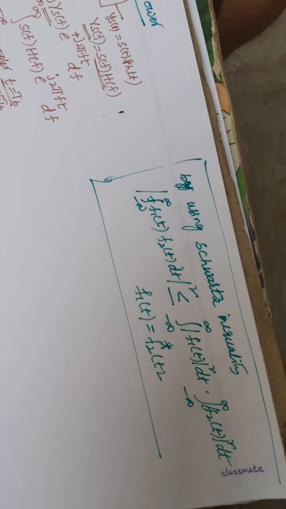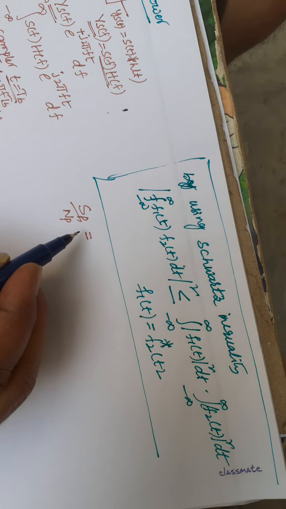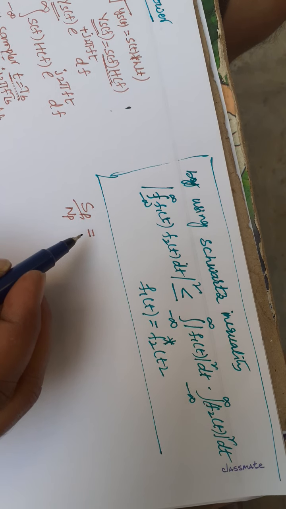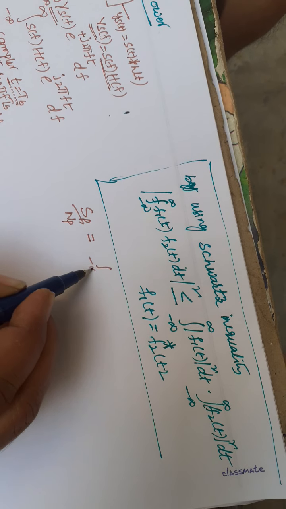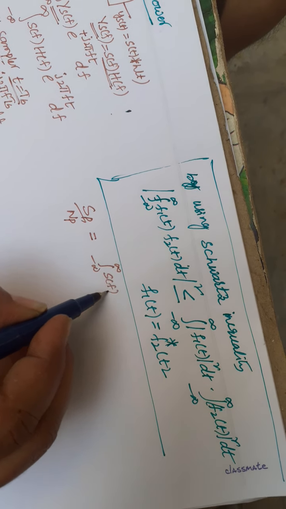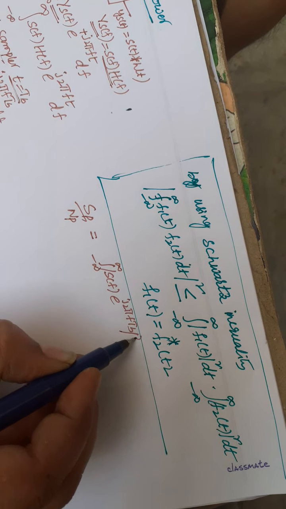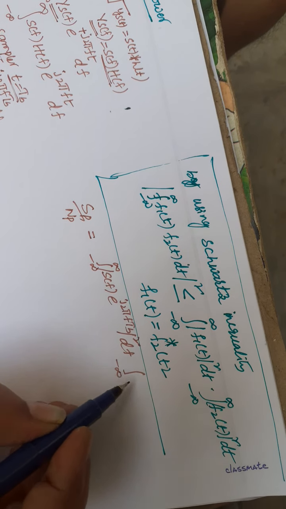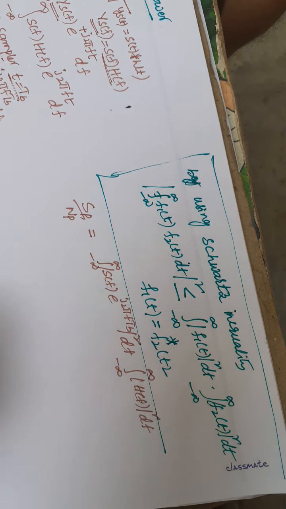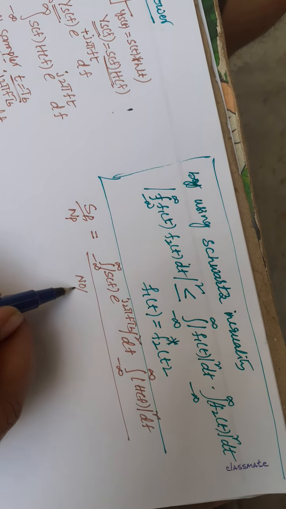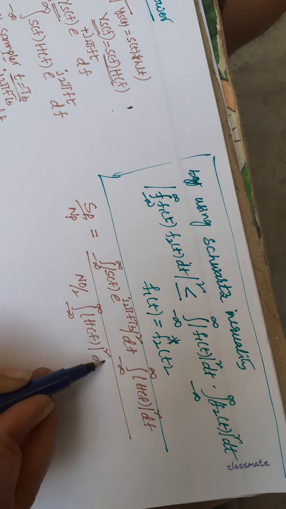By using this Schwarz inequality, signal power by noise power is equal to the integral of modulus S(f) e^(j2πfTb) square df, into the integral of modulus H(f) square df, by N0 by 2 times the integral of modulus H(f) square df, right?